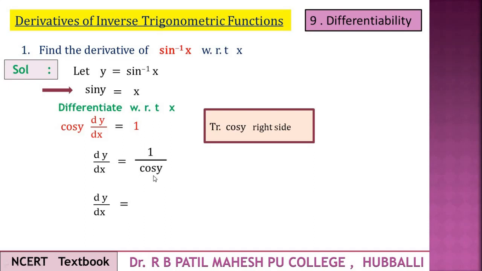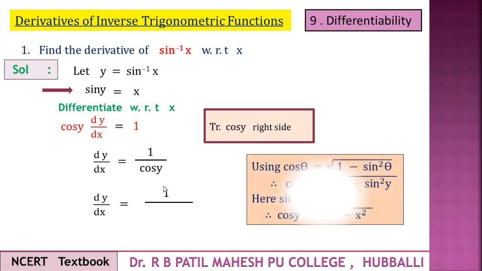For this I use the identity: cos theta is root of 1 minus sine square theta. This identity comes from sine square theta plus cos square theta is equal to 1. Since the variable is y, cos y is written as root of 1 minus sine square y.